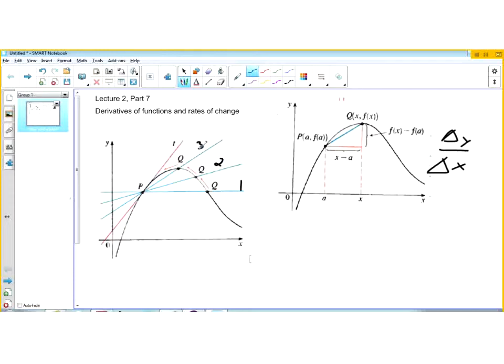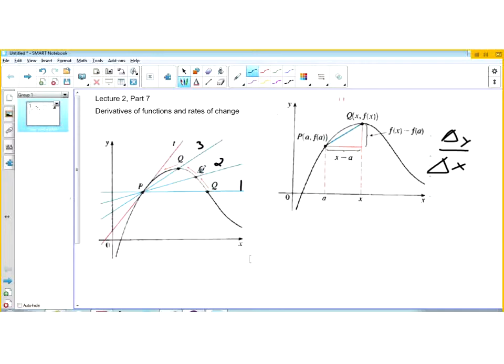Here's the second secant line, and then here's the third secant line. And so what's the dynamic here? Well, we're moving Q closer and closer to P, where the abscissa of Q is greater than the abscissa of P. That's indicated by the direction of the yellow arrows.